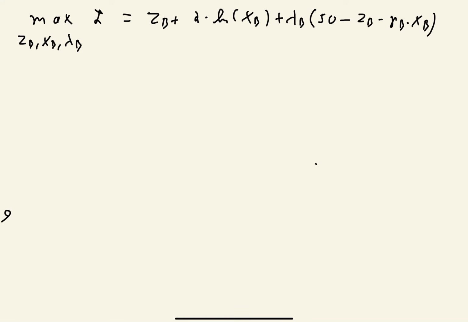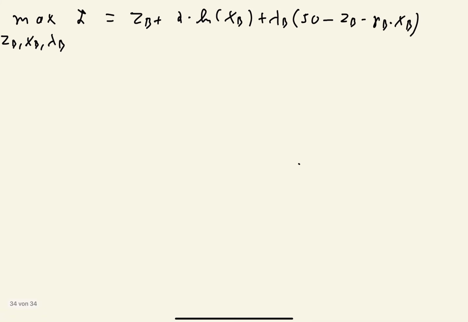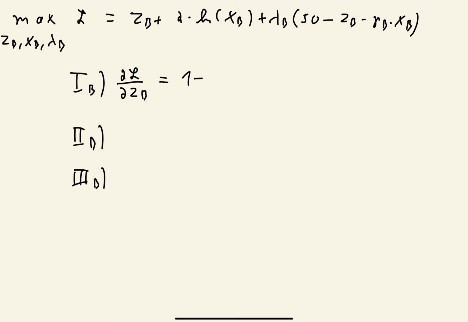And then if you write down the first order conditions here, we have the first one for B, the second one for B, the third one for B. The steps are quite repetitive, so it looks almost the same. 1 minus lambda B should be equal to 0.